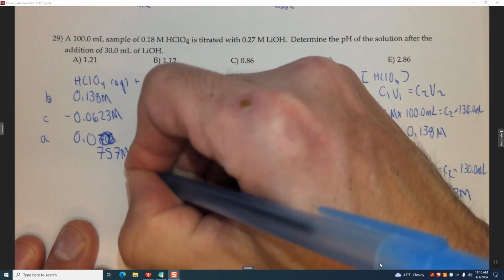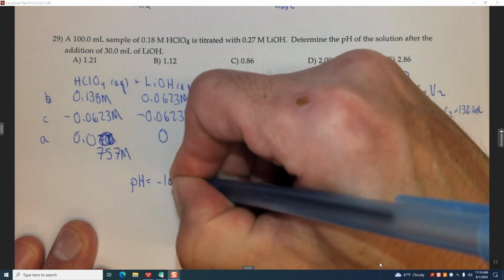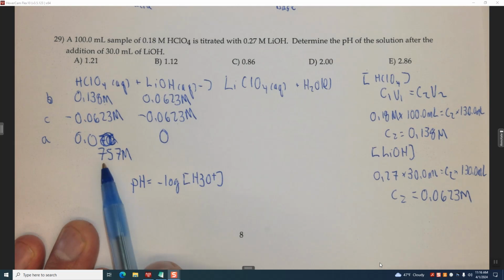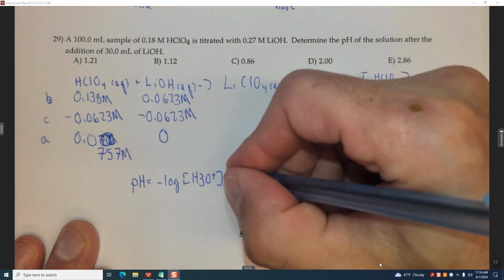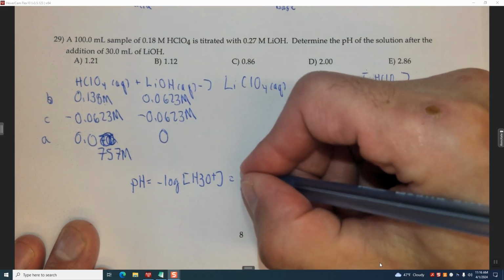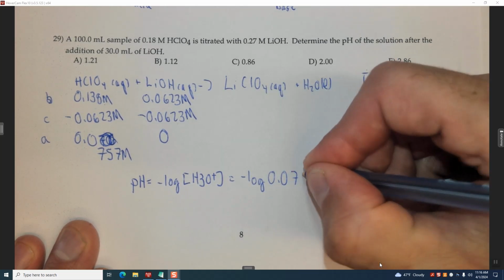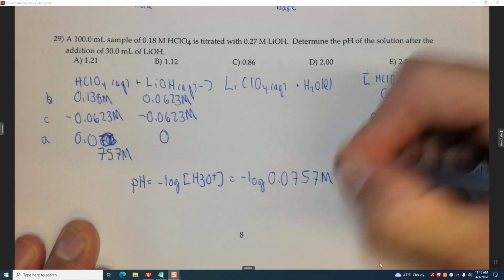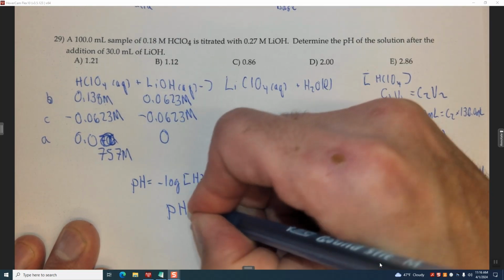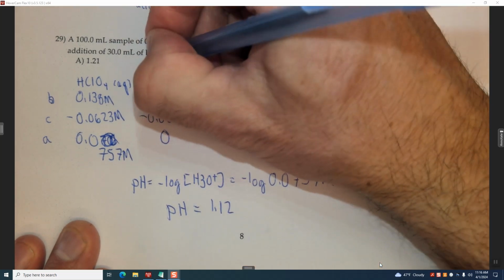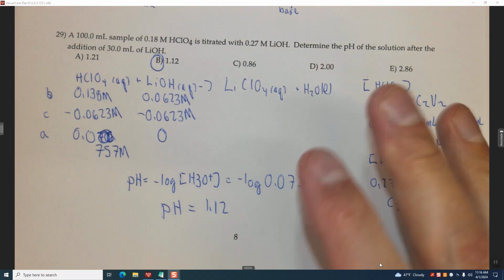So the pH equals the negative log of the concentration of H3O+, but the concentration of H3O+ is equal to the concentration of HClO4 because it's a strong acid. So negative log of 0.0757 molar. And when you do that math, you find that the pH is equal to 1.12, which is choice letter B.